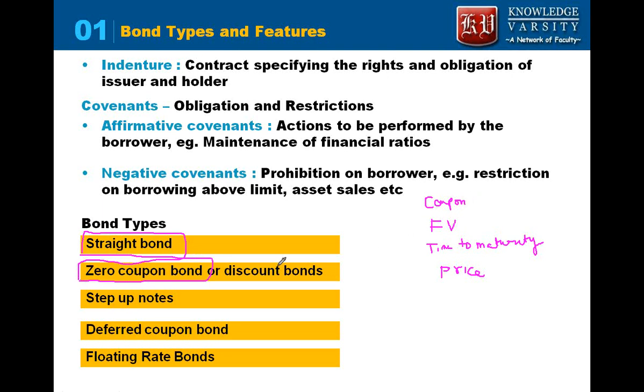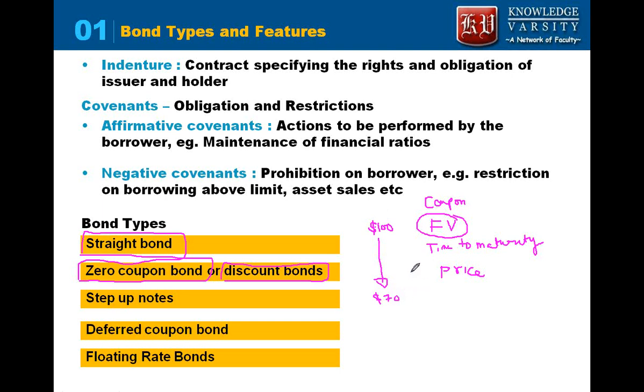Now these bonds are also called discount bonds because they are issued to the investor at a discount to the face value. So let's say the face value of a zero coupon bond is $100, it would be issued at a price which is lesser than this 100. So it can be issued at $70.